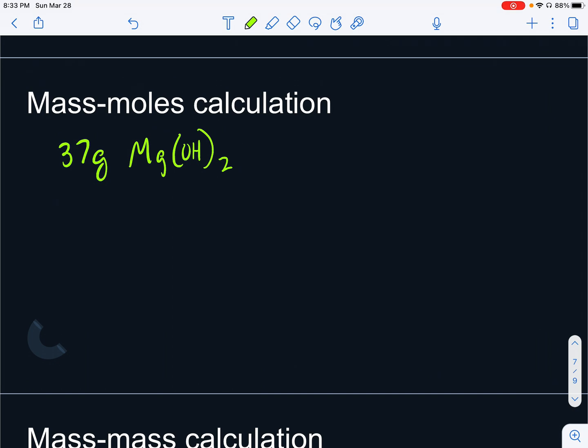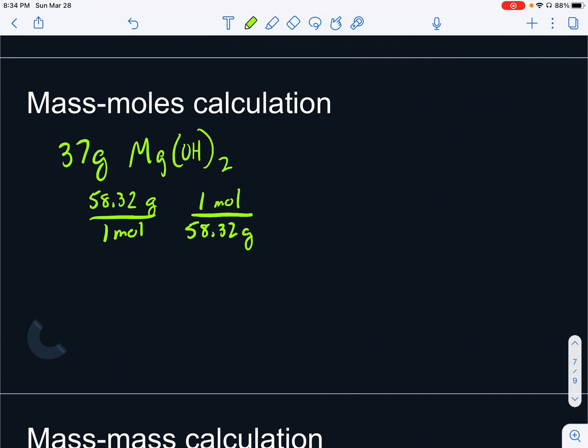And we determined that magnesium hydroxide has a molar mass of 58.32 grams in 1 mole, or we can also say, because really this is a ratio, grams to moles, that 1 mole of magnesium hydroxide has a mass of 58.32 grams. When it comes to conversion factors, you can use the fraction or its reciprocal, whatever works to solve your problem.